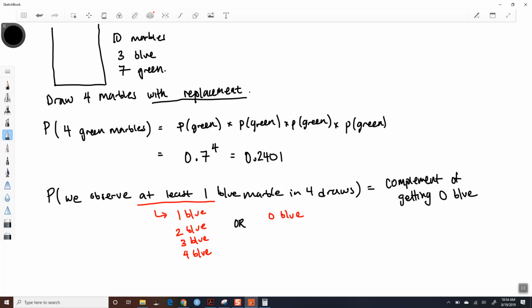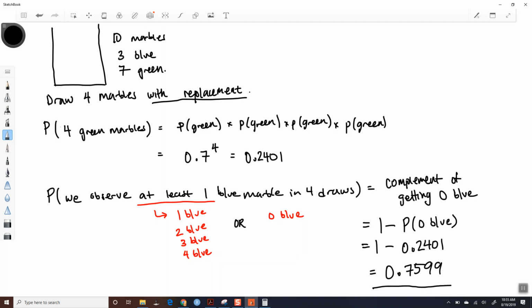All right, and what's the probability of getting 0 blue? So we can do 1 minus the probability of 0 blue. 0 blue is exactly the same as getting 4 green. So we can do 1 minus 0.2401. 0.7599. Might as well call that 76.